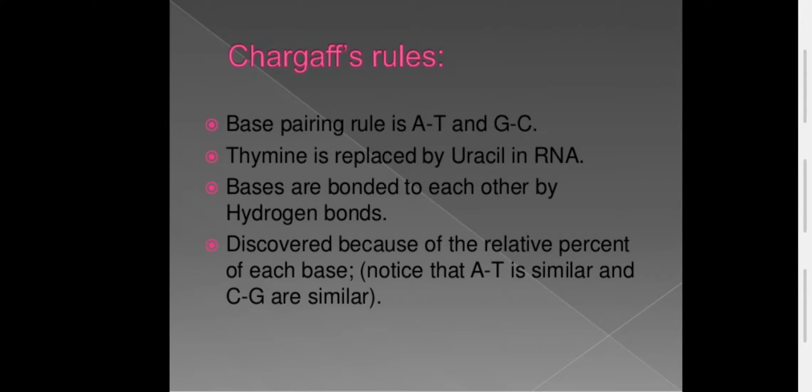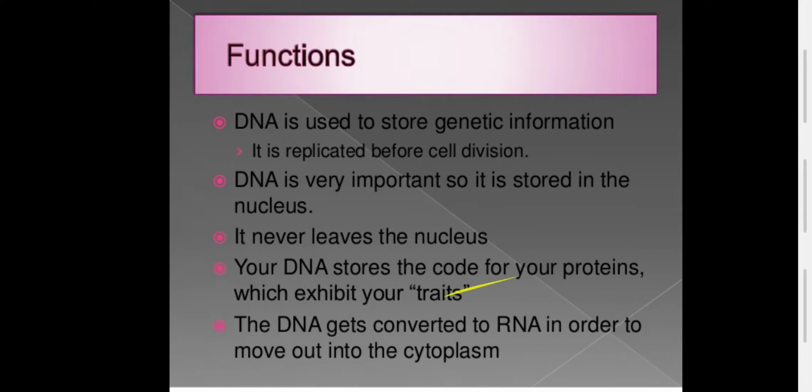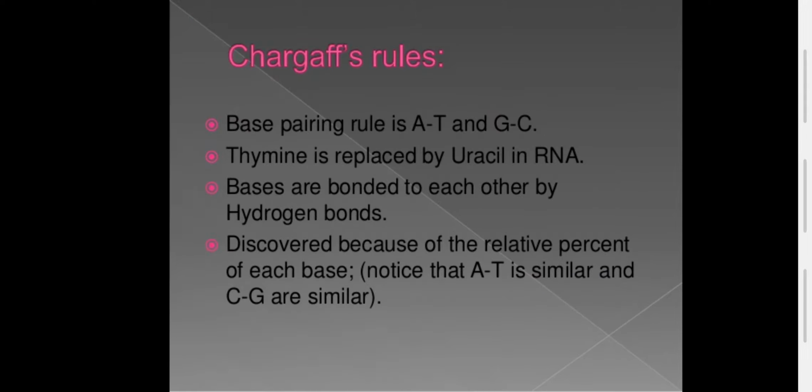Next, let's go to the rules in pairing the nitrogenous bases. They are called Chargaff's rules. Basically, Chargaff's rules are composed of 4 rules. The base pairing rule is adenine with thymine, and guanine with cytosine.